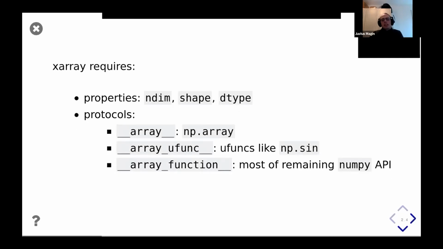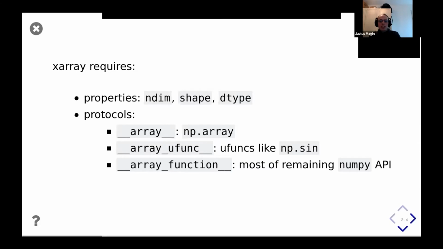So a duck array requires a few things: the ndim, shape and dtype properties, which are used to get some idea of what the duck array looks like. And then some protocols. First of all, the array protocol, which is used to convert to NumPy. We use that, for example, with the values property on variable and DataArray objects. Also, I think immediately before plotting.